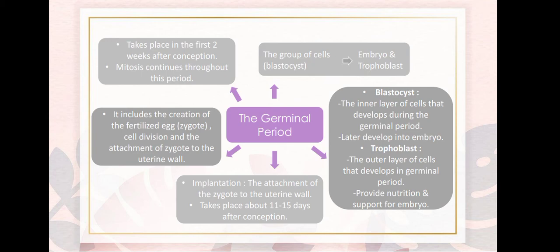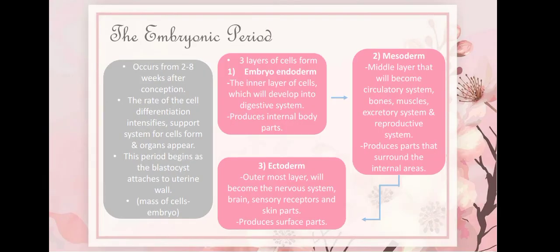So, after this stage, we call it the embryonic period. The embryonic period occurs from 2 to 8 weeks after conception. The rate of cell differentiation intensifies, which means getting stronger or getting increased.